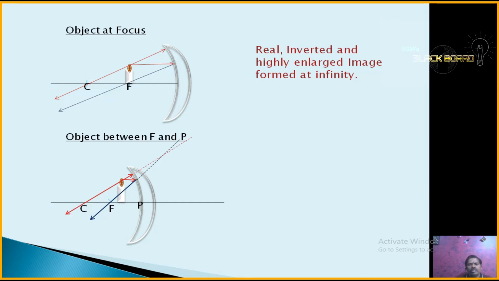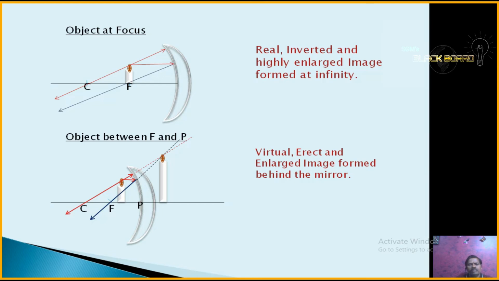Both these reflected rays are intersecting behind the mirror, where you will get the image. See here what kind of image it is. Compared with the object, it is an enlarged image. This type of image is said to be a virtual image. These virtual images we can't catch on a screen.